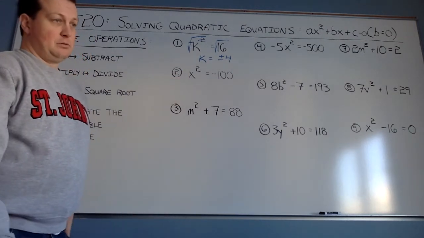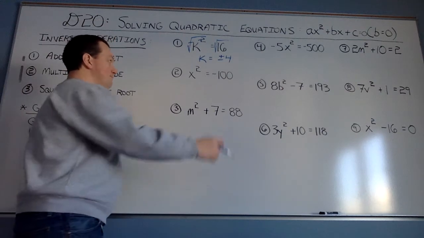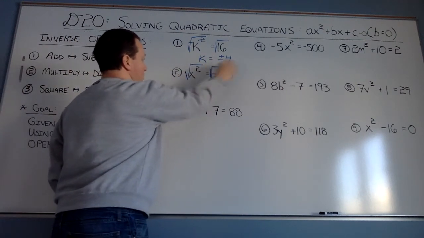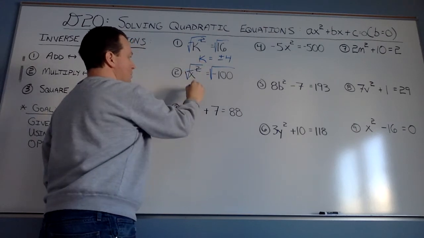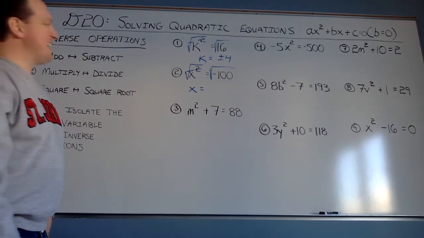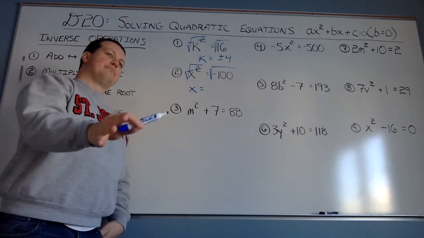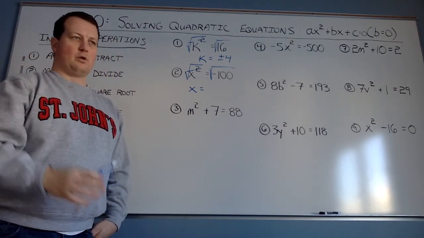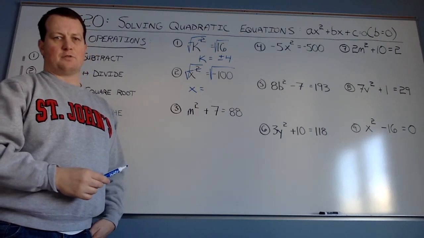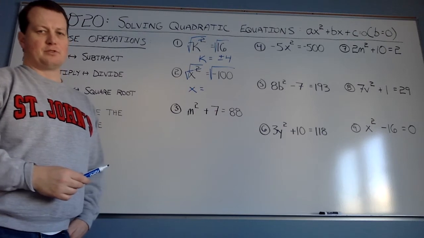Well, example 2, here we go, curveball number 1. Got my x squared alone, so I'm going to undo the square by square rooting both sides. Great, x equals square root of negative 100. Now, some of you who have taken pre-calc, those higher order classes, you've probably learned about imaginary numbers.